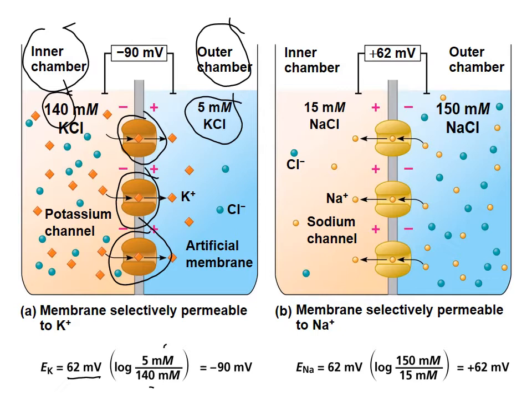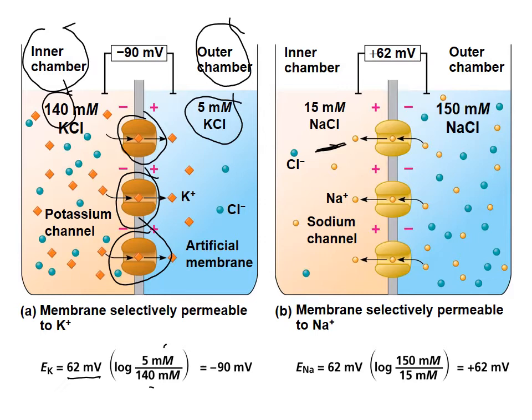And then when we look at sodium, how do we get the equilibrium potential for sodium? Well, we're looking at the inner chamber, so this would be the inside of the cell. Inside the cell, there's only 15 millimolar sodium chloride, and you see some chloride and some sodium. But outside the cell, you see a lot of sodium chloride, both chloride and sodium.